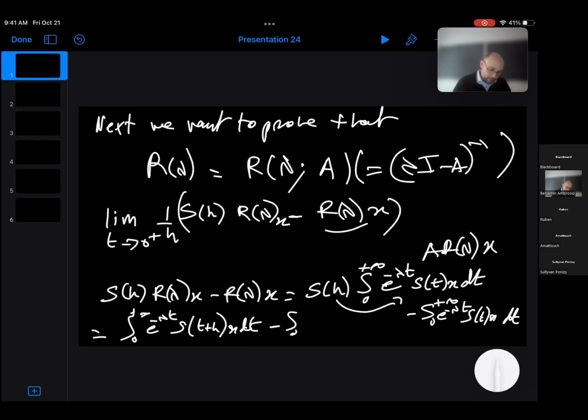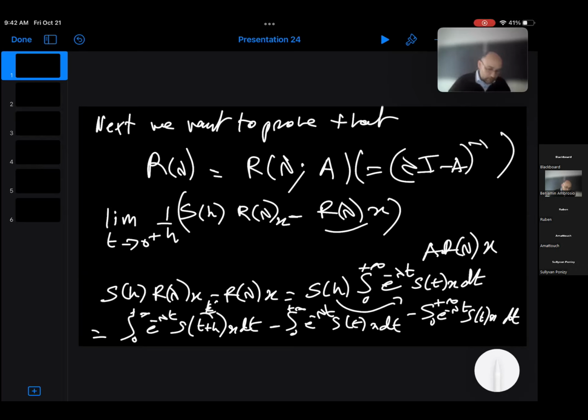I just use the properties of the semigroup: S(h) applied to S(t) is S(t+h), right? So next we are going to make a change of variable.